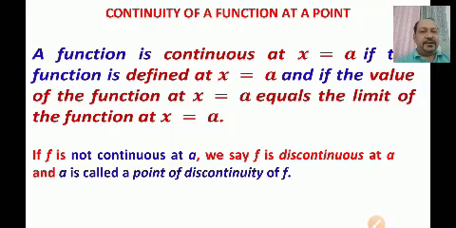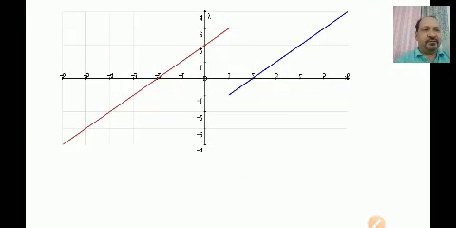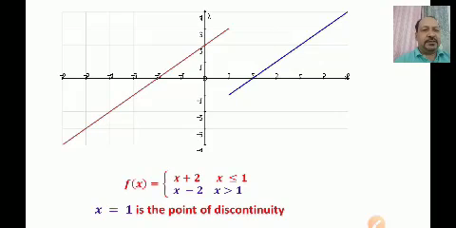If f is not continuous at a, we say that f is discontinuous at a, and a is called the point of discontinuity of the function. Let us see the graph. In this graph, x equal to 1 is the point of discontinuity.